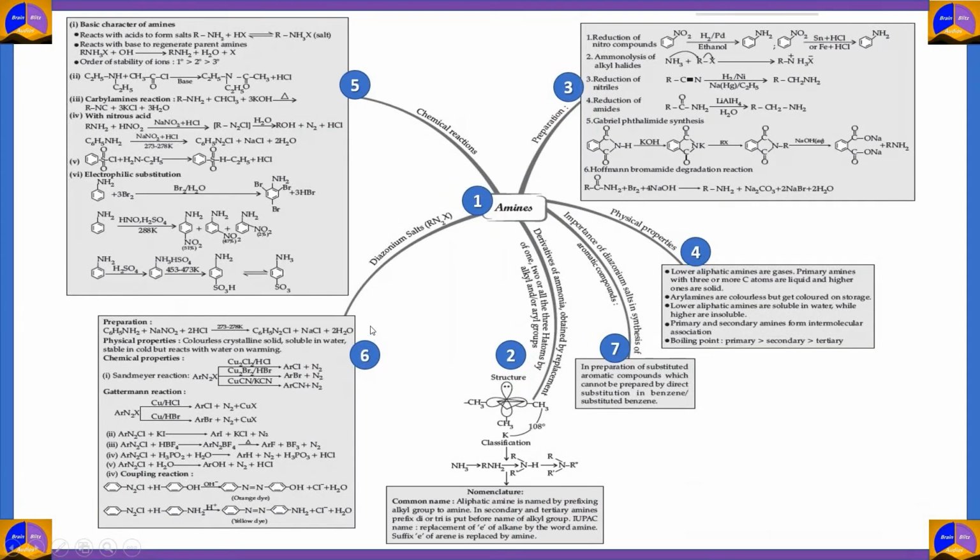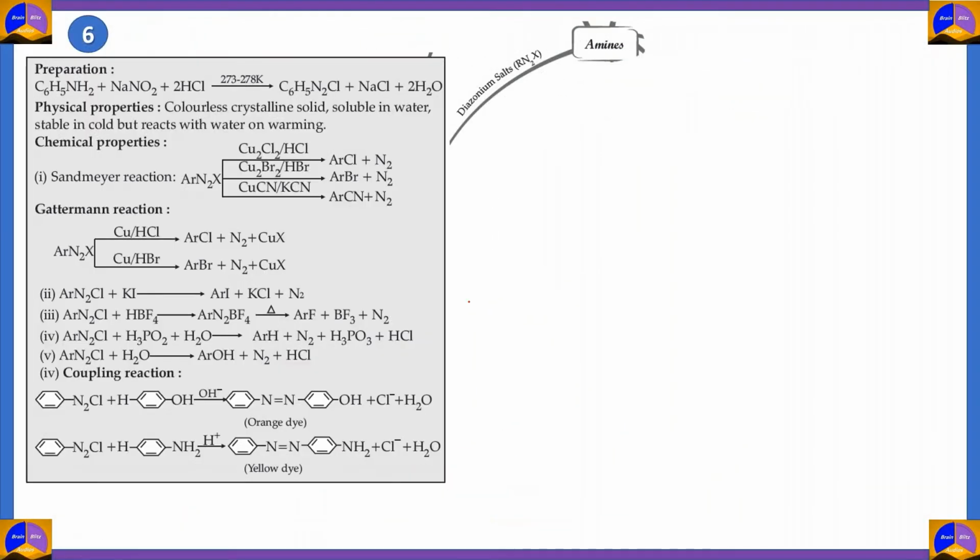Now let's look at the next topic, which is diazonium salts. So diazonium salts have this general formula of RN2X, and the R is an aryl group. So it only works for compounds such as C6H5N2X, because only aryl diazonium salts are stable.